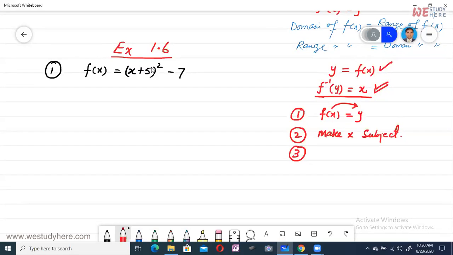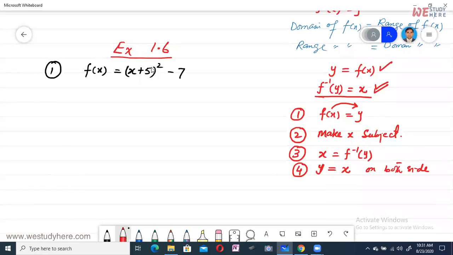As the given function is in x, one more step you can do: replace y with x on both sides. These four steps should be in your mind, and you can easily find the inverse function.